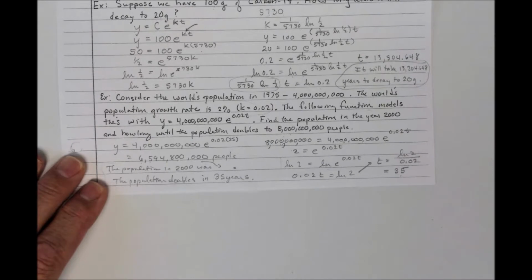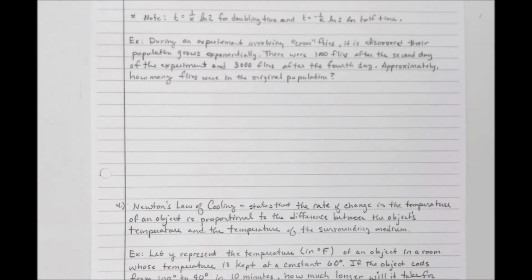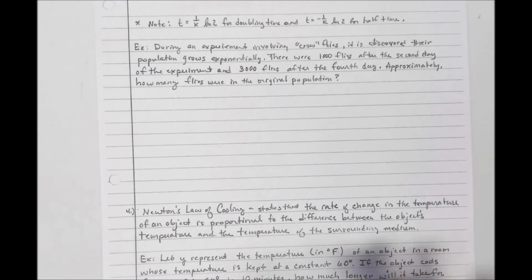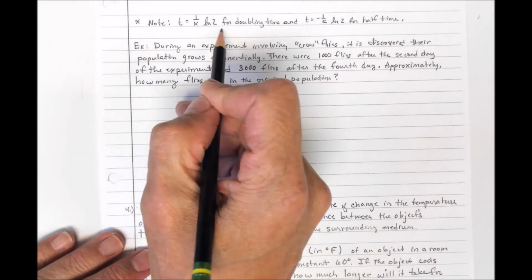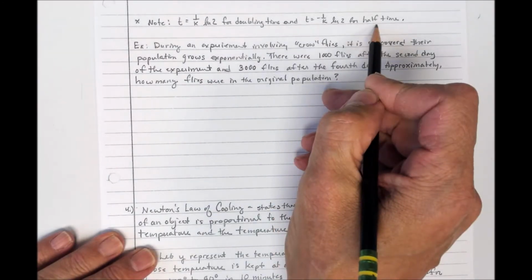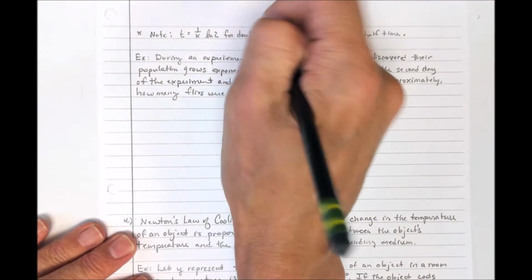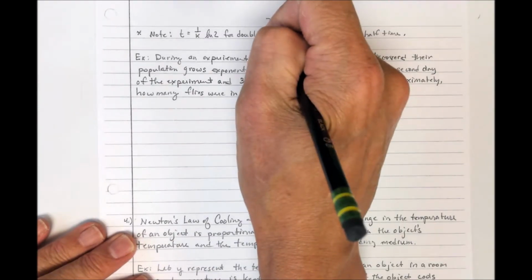Now, the reason I keep talking about doubling and such is that there's a little shortcut that you can use that I have written down right here that talks about how much time it's going to take for doubling time and how much time it's going to take for a half-life or a half-time. Okay? Now, there is also the rule of 72, which you can use for really rough estimates for doubling time, because you just take the number 72 and you divide it by whatever the rate of growth is.